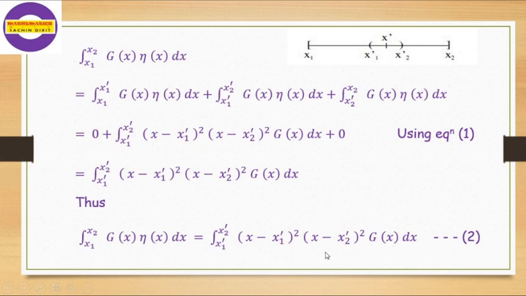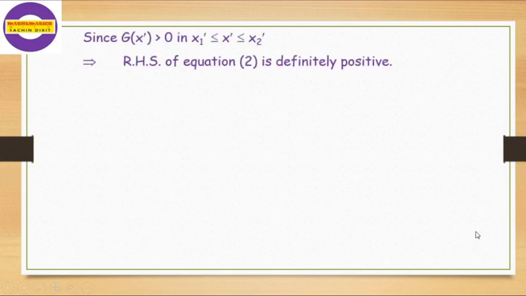In this case, since g of x dash is greater than or equal to 0, that is our supposition, in the interval x1 dash less than x dash less than x2 dash, that means if x dash is in between x1 dash and x2 dash, the value of g of x dash must be positive.